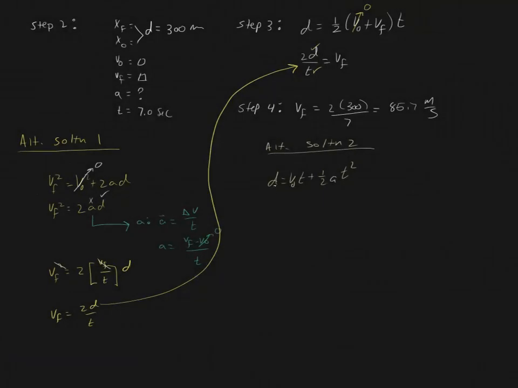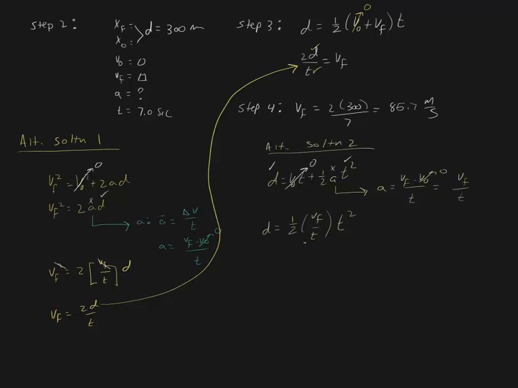So in this case, if we go through our checklist, we know what D is. We know that V initial goes to 0, we don't know what the acceleration is, and we know what T is. Substitute out for the acceleration, and the acceleration we'll do like we did before. We'll say that it is V final minus V initial over T, where V initial was 0, so that means A is just equal to V final over T. So we get D is equal to 1/2 times V final over T times T squared.